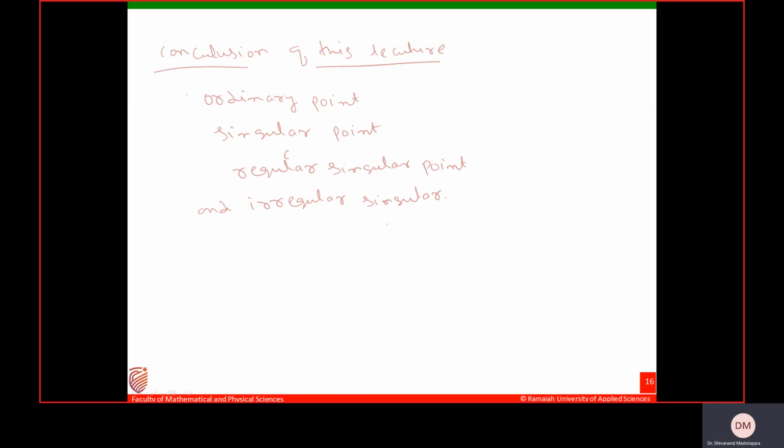This can be solved by using the Frobenius method. Next class we will discuss the Frobenius method, which gives how to solve the series solution of a differential equation. So now I will stop here for this lecture. We will start with the Frobenius method and Bessel's equations of the differential equation.